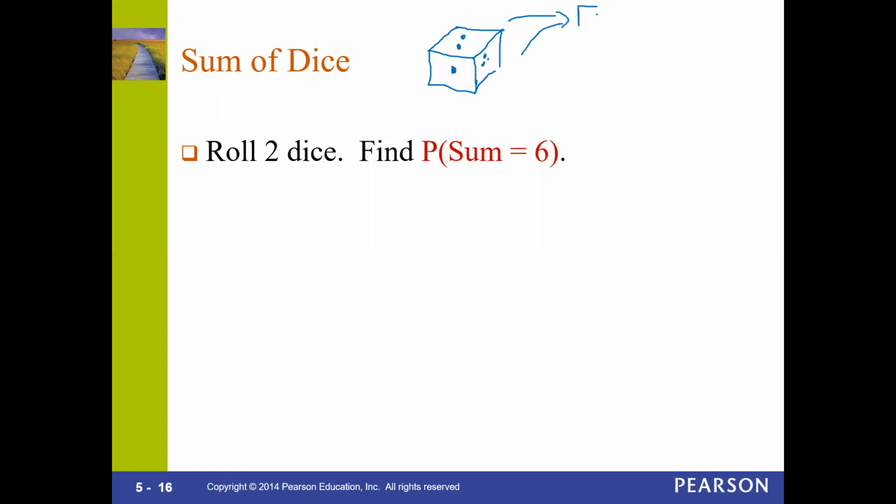It can be like 1, 2, 3, 4, 5, and then 6. Okay, let's just put this is 1, this is 2, this is 3.